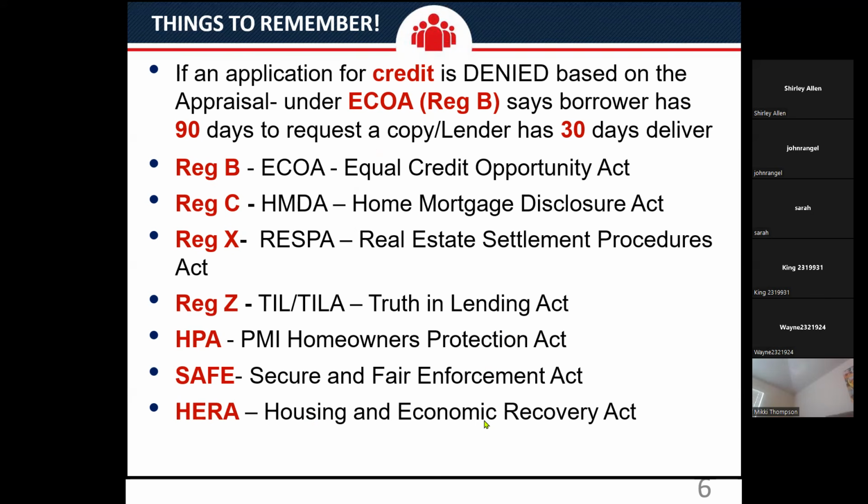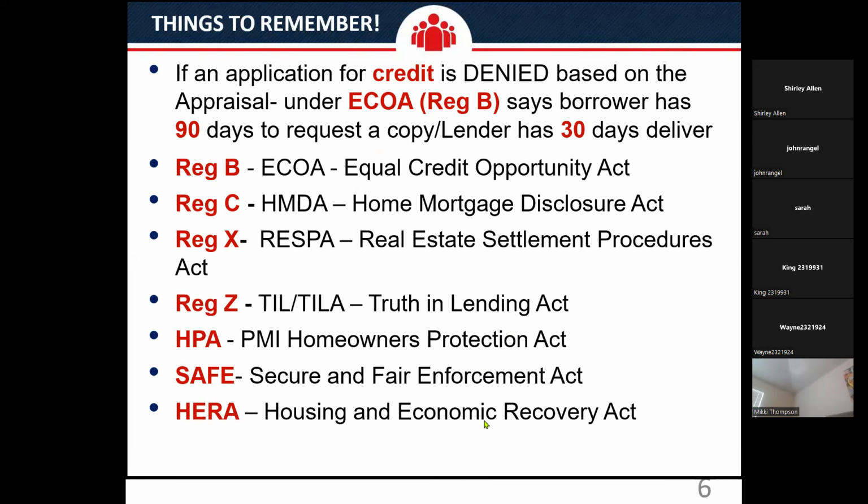ECOA, the Equal Credit Opportunity Act, is also known as Regulation B, and we said B because they have to be equal, just to help you remember that ECOA is Regulation B. It really deals with credit and people being denied credit on appraisals and other things.